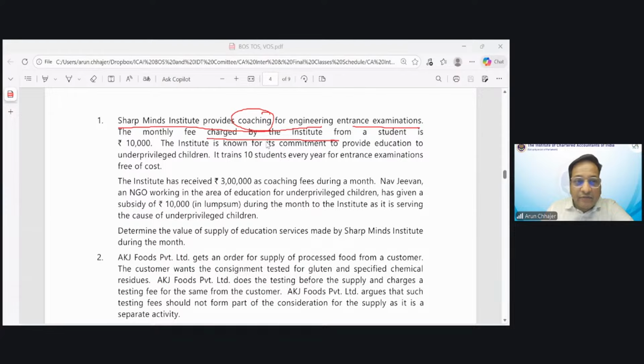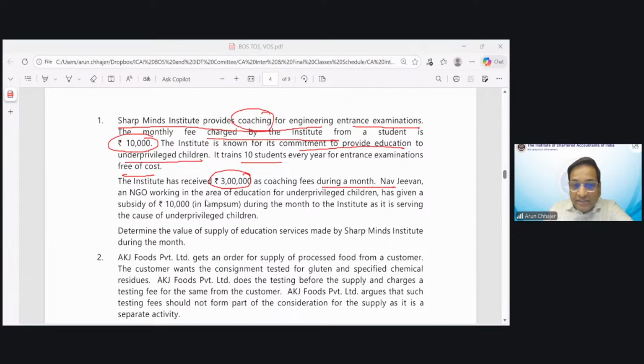Monthly fee charged from a student is 10,000 rupees. Institute is known for its commitment to provide education to underprivileged children. It trains 10 students every year, perfectly free of cost. Institute received 3 lakh as coaching fees during the month.